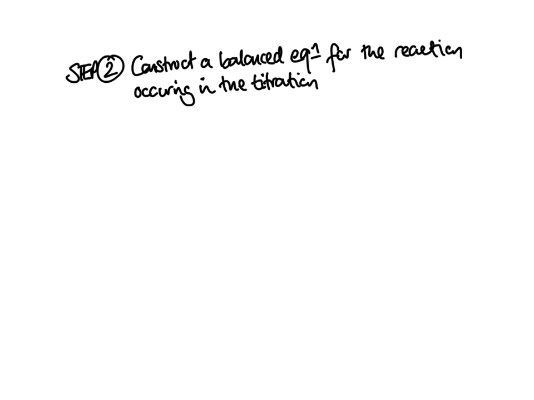If we think back, in the burette we had H2SO4, sulfuric acid, and in our conical flask we have sodium hydroxide. So we construct a balanced equation using the stoichiometry, so we know that that is going to form sodium sulfate, a salt, and water.